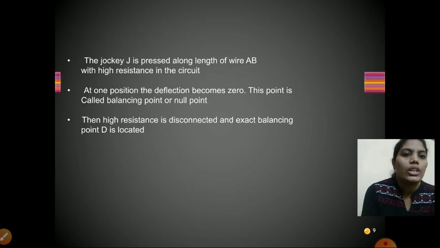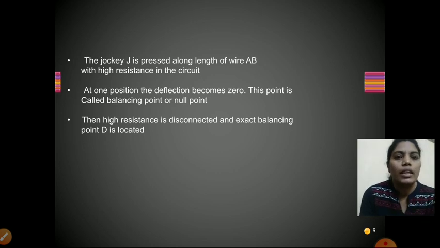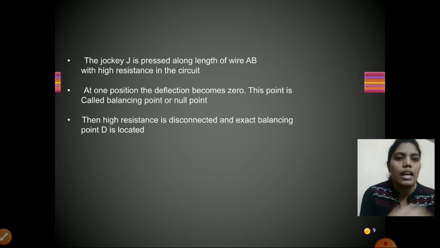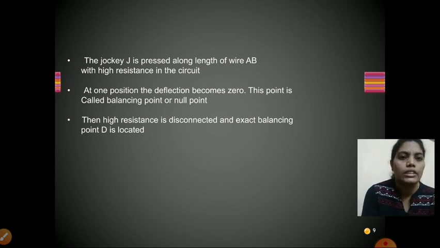Now the jockey J is pressed along the length of wire AB. At one position the deflection becomes 0. This point is called the balancing point or null point. Then the high resistance is disconnected and the exact balancing point D is located.